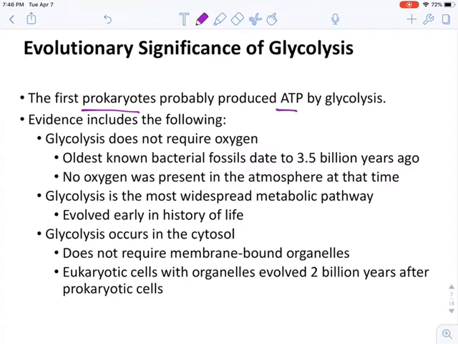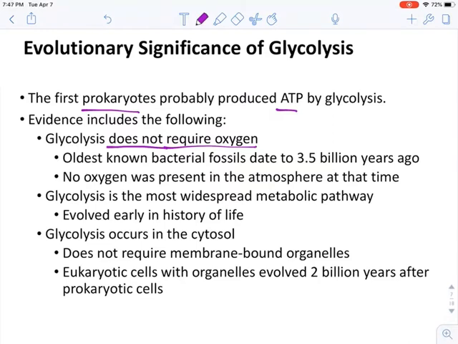So we're pretty sure that glycolysis is one of those chemical reactions that's common amongst all living things, even if you don't have mitochondria. Some of the evidence that supports this idea is that glycolysis does not require oxygen. If you noticed, it wasn't mentioned in any of the previous slides on glycolysis.